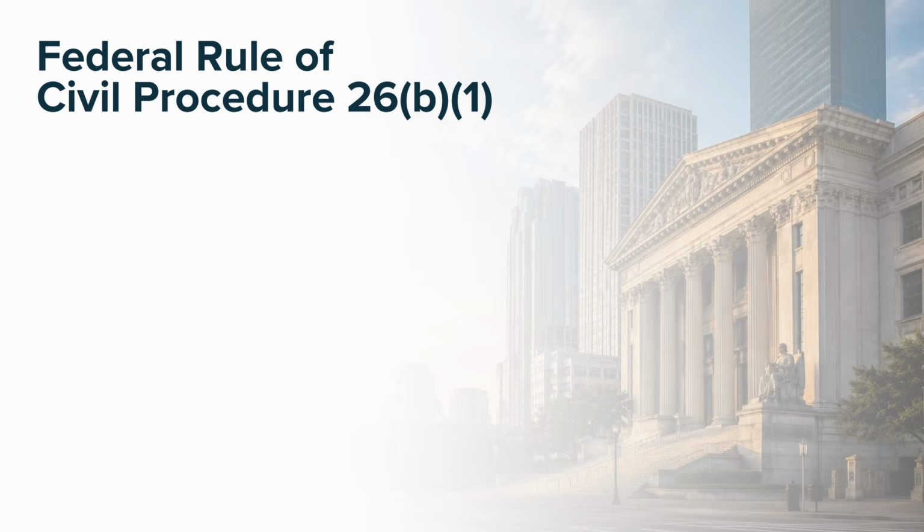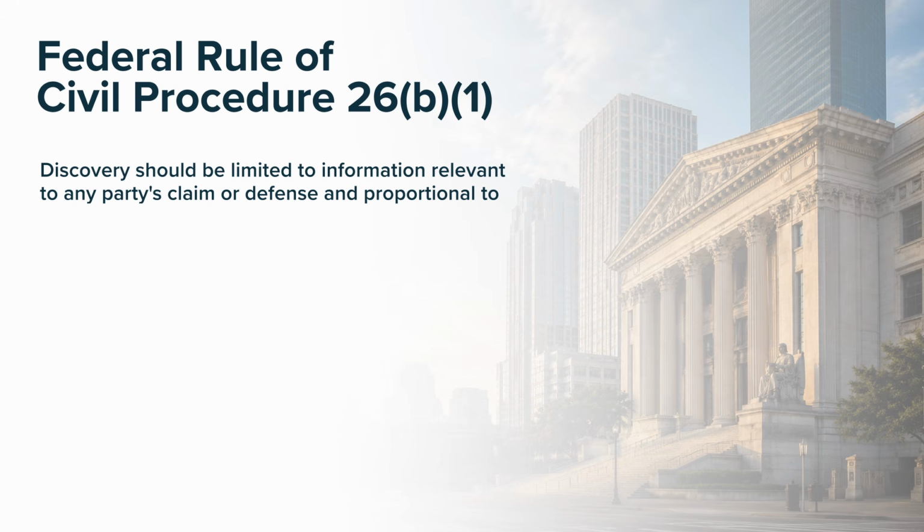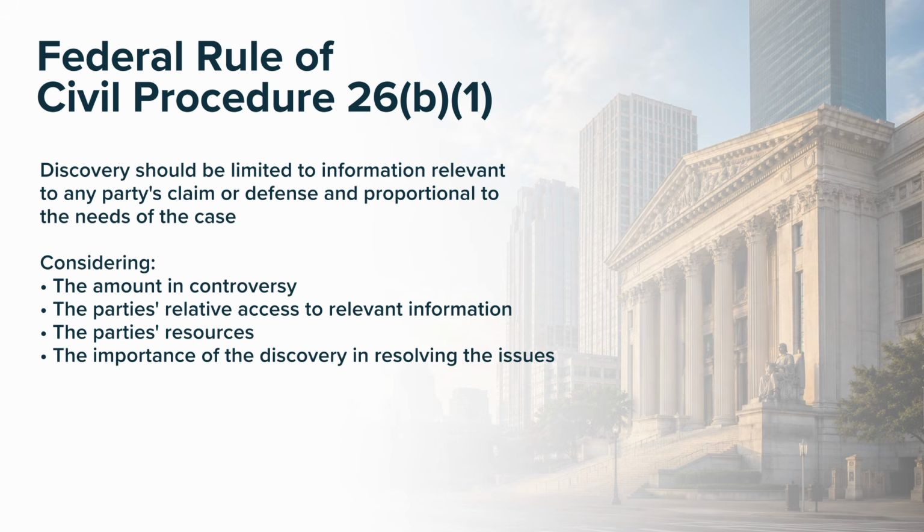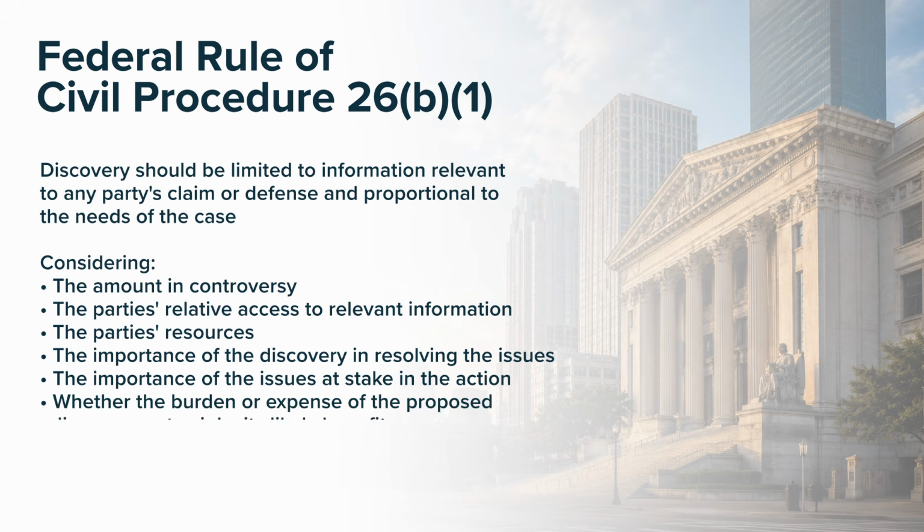The proportionality analysis in Federal Rule of Civil Procedure 26(b)(1) provides that discovery should be limited to information relevant to any party's claim or defense and proportional to the needs of the case, considering the amount in controversy, the party's relative access to relevant information, the party's resources, the importance of the discovery in resolving the issues, the importance of the issues at stake in the action, and whether the burden or expense of the proposed discovery outweighs its likely benefit. These proportionality factors should be top of mind when addressing the scope of discovery in an ESI protocol.